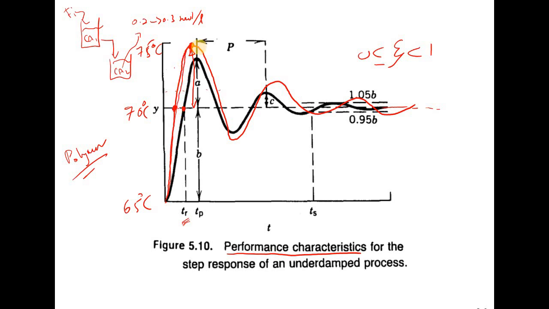So it's better to have a small rise time, but if you have a smaller rise time, you will have a higher overshoot. Now we know the meaning of rise time: it is the time it first hits the set point. That is my rise time here.